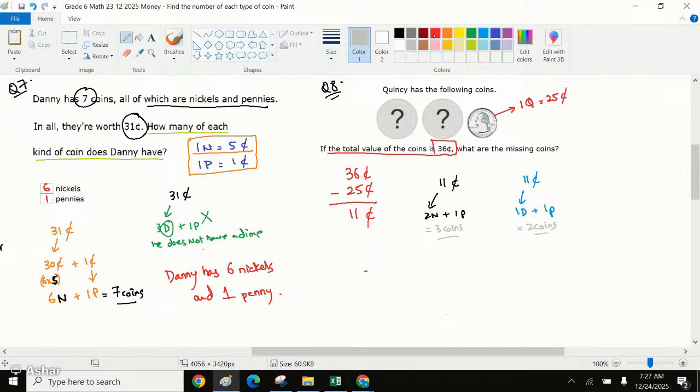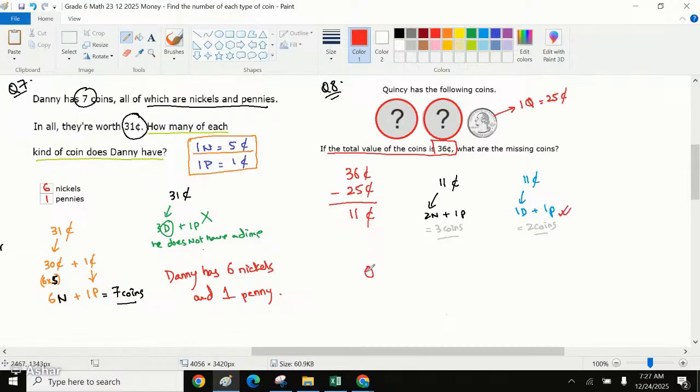So we need to look at the question, how many coins do we need to find? We need to find 2 coins that would sum up to the remaining value.